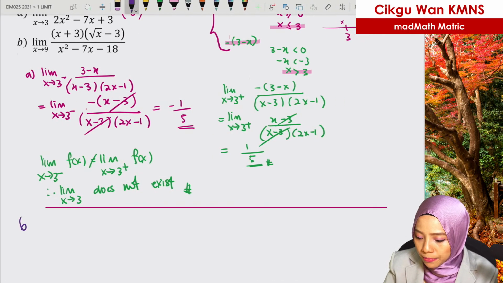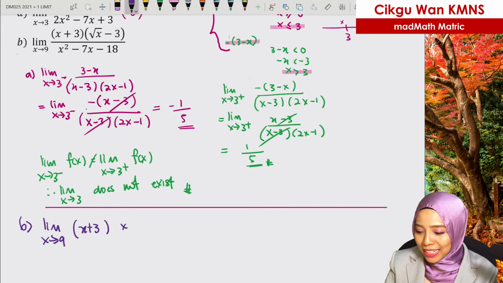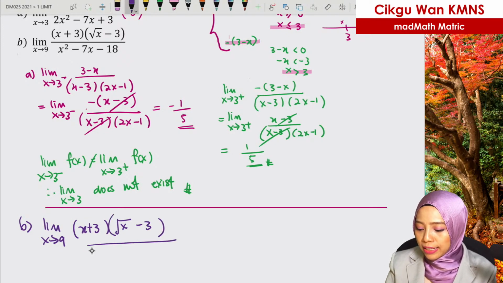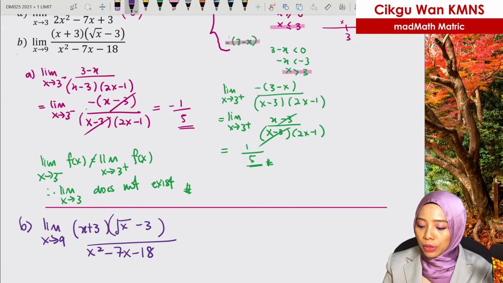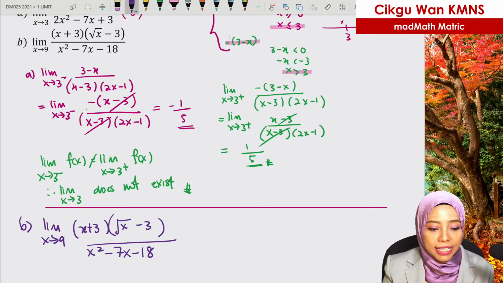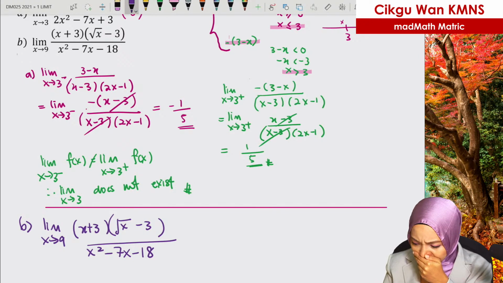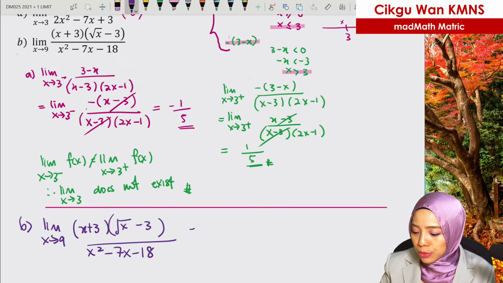Okay, question B. Limit x approaching 9, x plus 3, x minus 3 over x square minus 7x minus 18. When you substitute 9 square minus 7 times 9 minus 18, you can calculate it. Or actually it is easier to factor out, so you can see better.